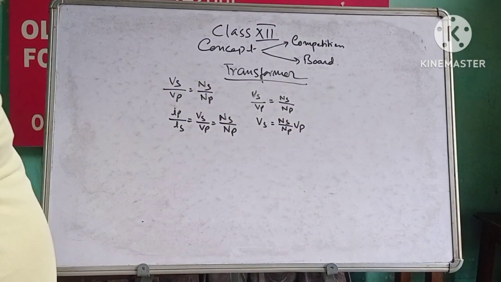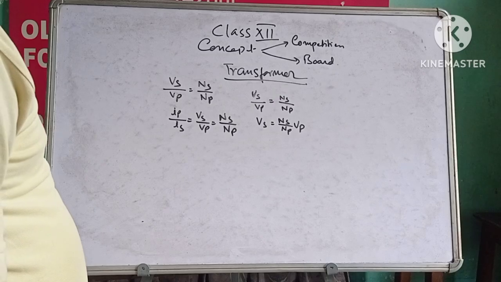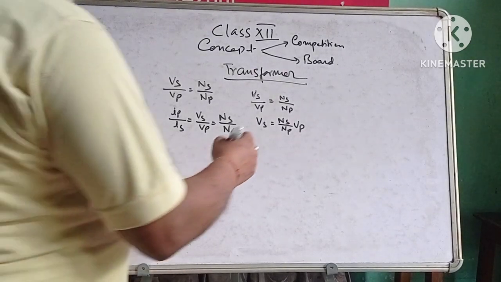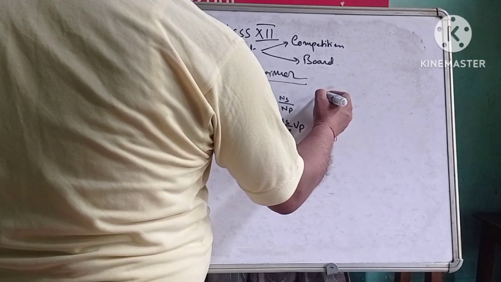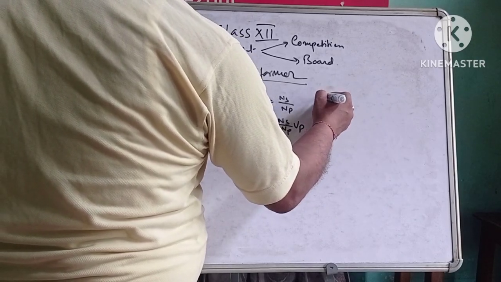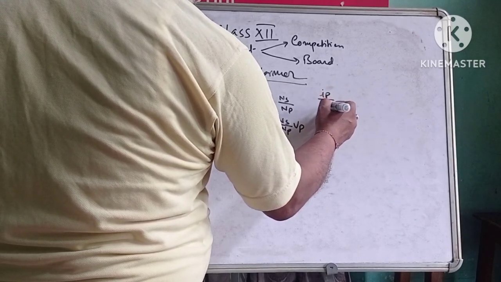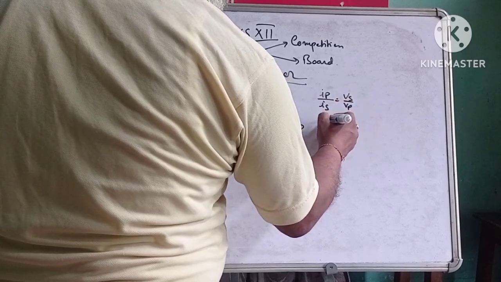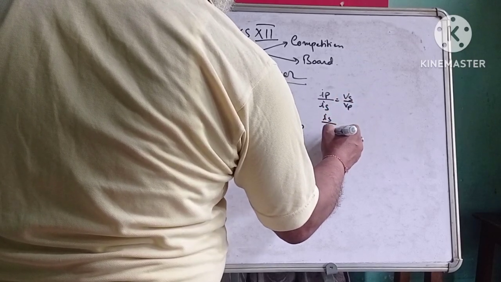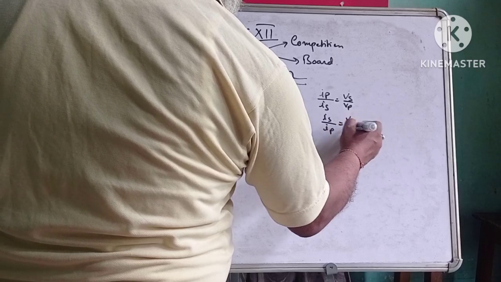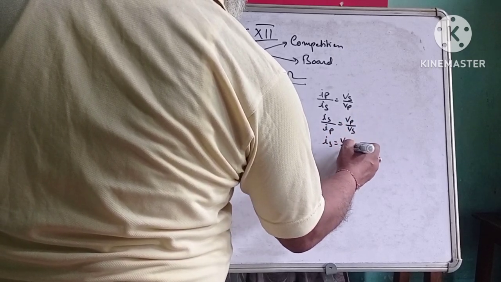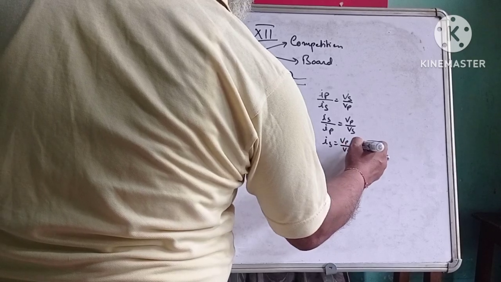Again you see a relation here, that is Ip by Is is equal to Vs by Vp. So Is by Ip is equal to Vp by Vs. So Is is equal to Vp by Vs into Ip.